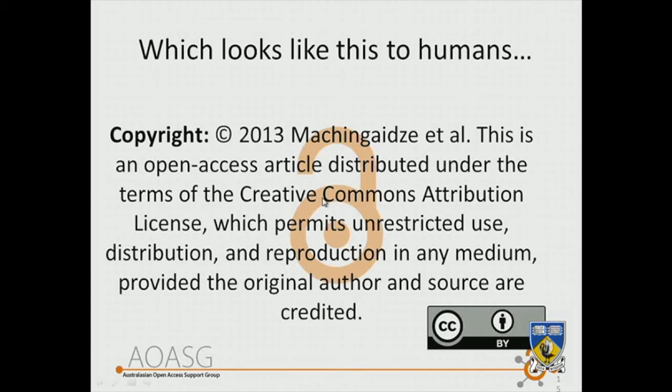You simply have to credit the author. So if you're looking at articles which are open access or say they're open access, if they don't say something like this on it, you need to be wary about it. So again, as an author, as a researcher, a good tool for thinking about what you can do with an article is what's actually enshrined on the paper itself.